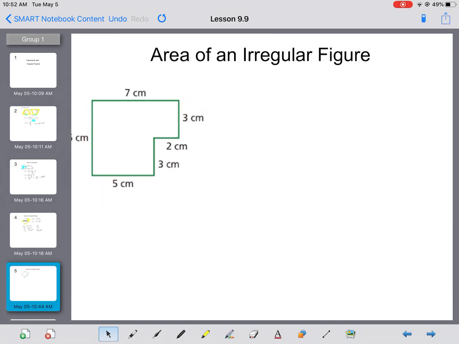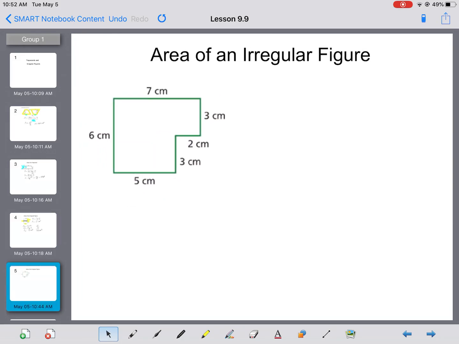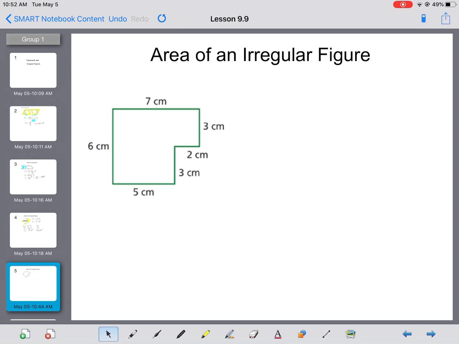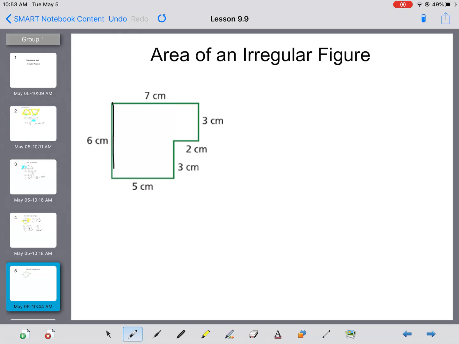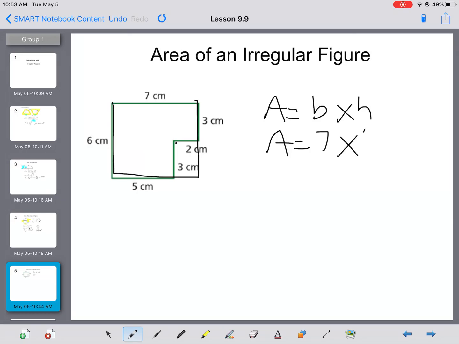Let me show you one more way. So this is the exact same picture. Another way to do it is to think of this shape as one big rectangle with a chunk taken out. So I can pretend it's just one big rectangle, and I can do area equals base times height, area equals 7 times 6, area equals 42 centimeters squared. That's if the whole thing were a rectangle.